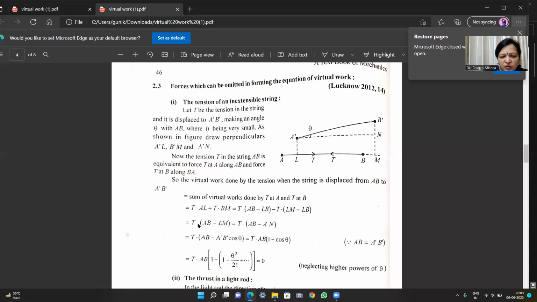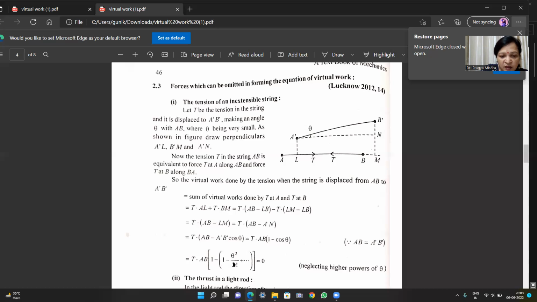So it becomes T into AB minus LM, and LM is equal to A dash N. From triangle B dash A dash N, we can write A dash N equal to A dash B dash cos theta. So this is T into AB times 1 minus cos theta, and on expanding this we get this thing.